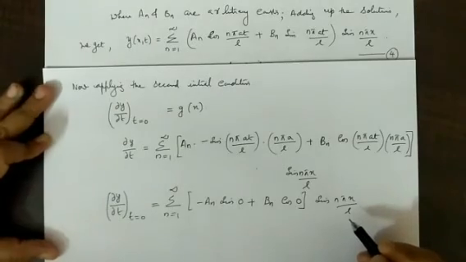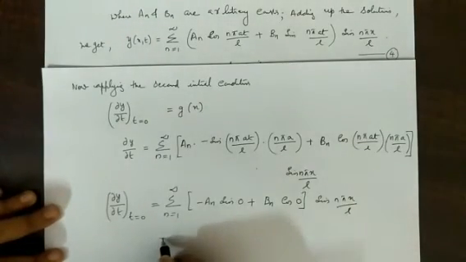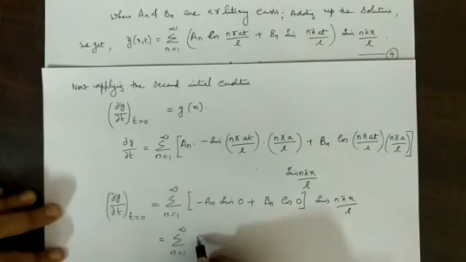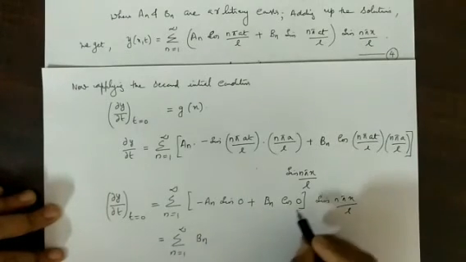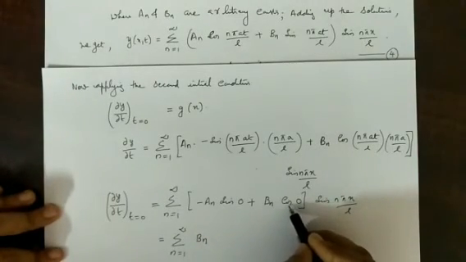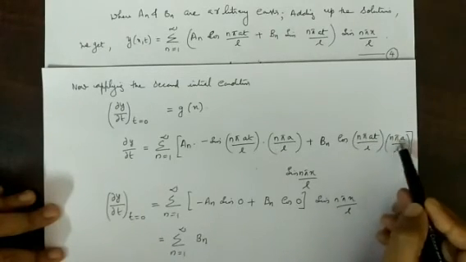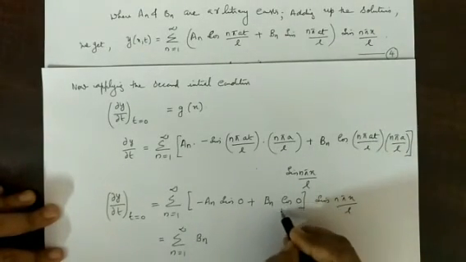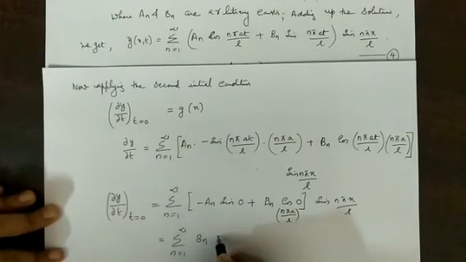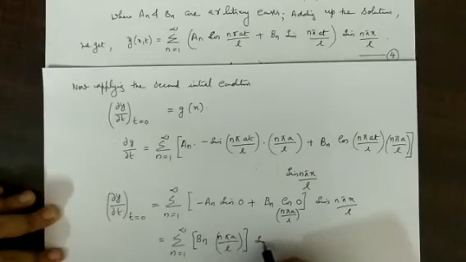That becomes sigma n equal to 1 to infinity bn, I'm sorry, we have one more term here, cos 0 into this term also, that is nπa/L. That is bn into nπa/L, into sin(nπx/L).